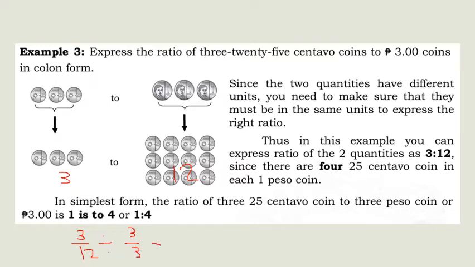So, 3 divided by 3 is 1, and 12 divided by 3 is 4. So, pag sinulat natin ito into word form, magiging 1 is to 4. Or, kapag colon form, magiging 1:4. So, ganyan po yung magiging answer natin. Naka-lowest term na din po siya.